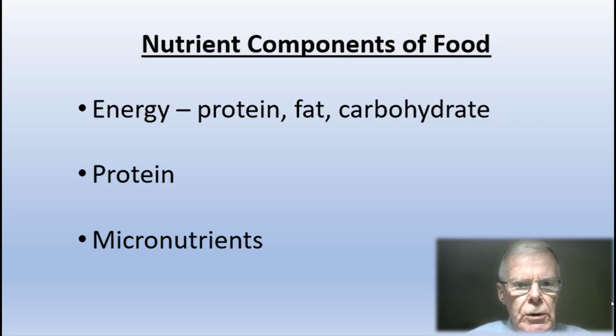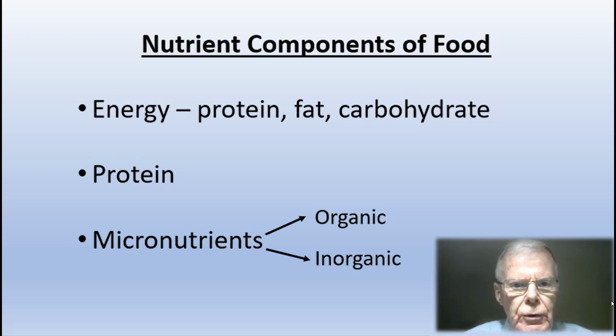And the third group are the micronutrients, so called because of the small quantities that are present and needed in small amounts. These are the organic micronutrients, the vitamins, and the inorganic micronutrients or mineral elements.